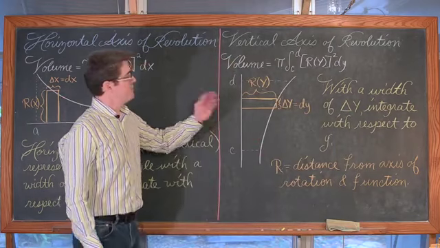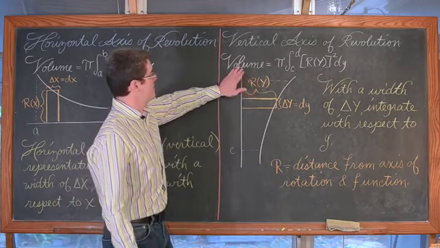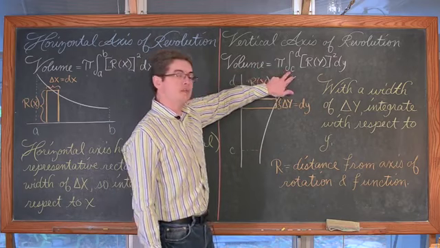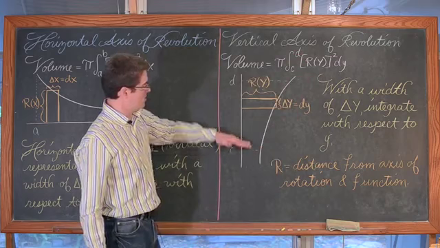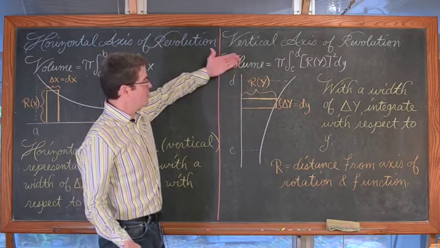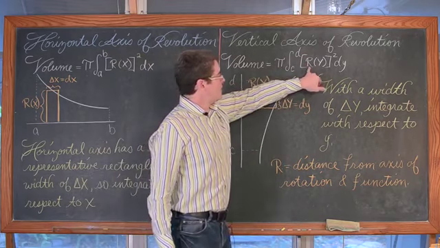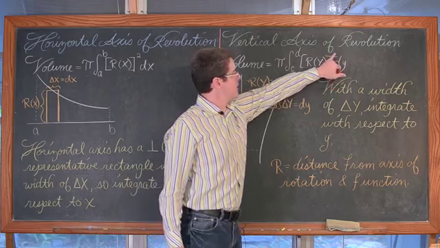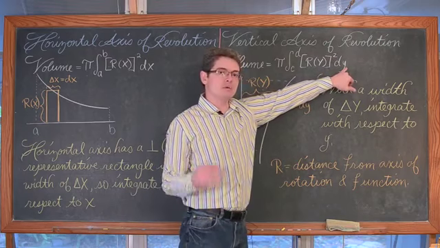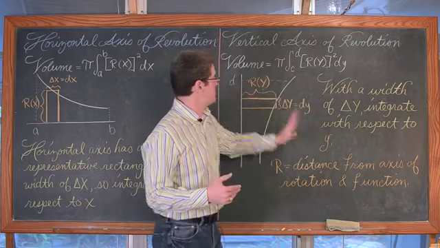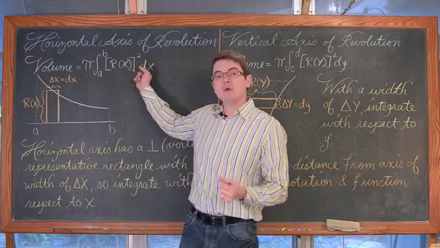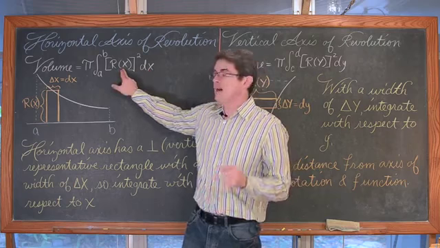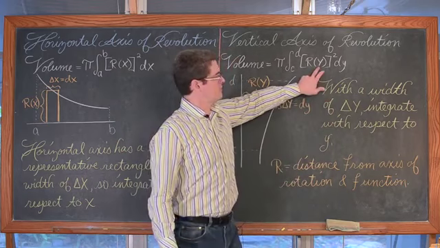Now, if we have a vertical axis of revolution, then the volume is equal to pi times the definite integral from c to d, our lower and upper values of y, of r of y squared dy. Not only are we integrating with respect to y because we have a vertical axis of rotation, as opposed to integrating with respect to x over here, but we have an r of x and an r of y.